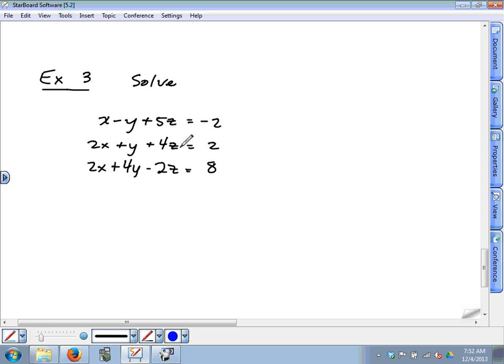From the top two, it looks like the y's would cancel right off the bat without having to multiply anything. So let's choose the top two.